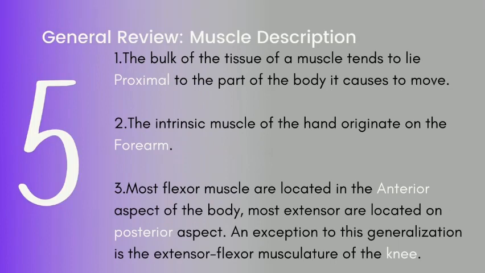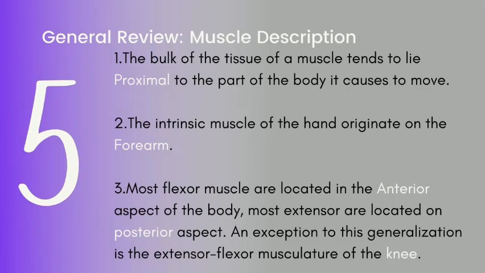Number 4, the bulk of the tissue of a muscle tends to lie proximal to the part of the body it causes to move. So the answer is proximal. Number 5, the intrinsic muscle of the hand originate on the forearm. So the answer is forearm.